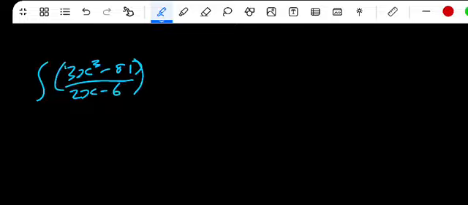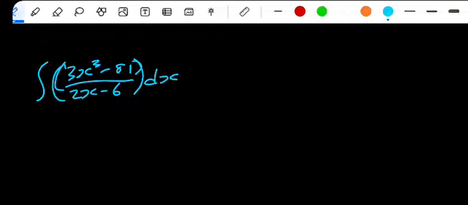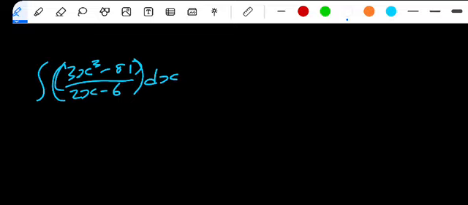All of these will have dx. So we should integrate this. This is the last question. How can we go about this? Okay, we still have our integral.